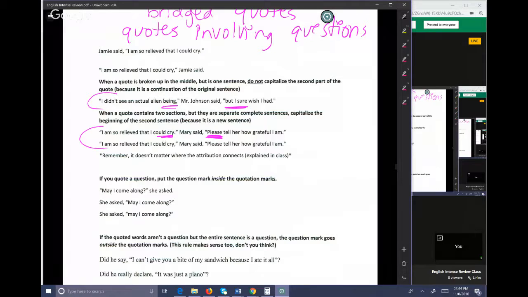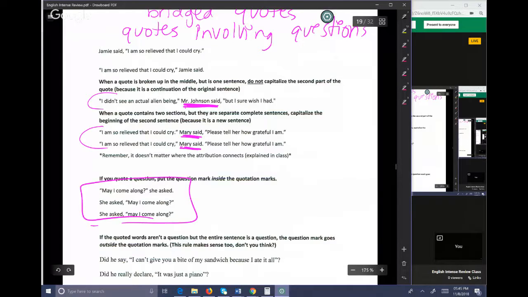The difference that you need to be looking out for when you see that there's an attribution parked in the middle like this, remember that attribution is when they attribute the quote to whoever is speaking. When you see that it's parked in the middle, you can see, by the way, I've got them underlined, how obvious it is that that's what we're dealing with. That doesn't look anything like this down here.